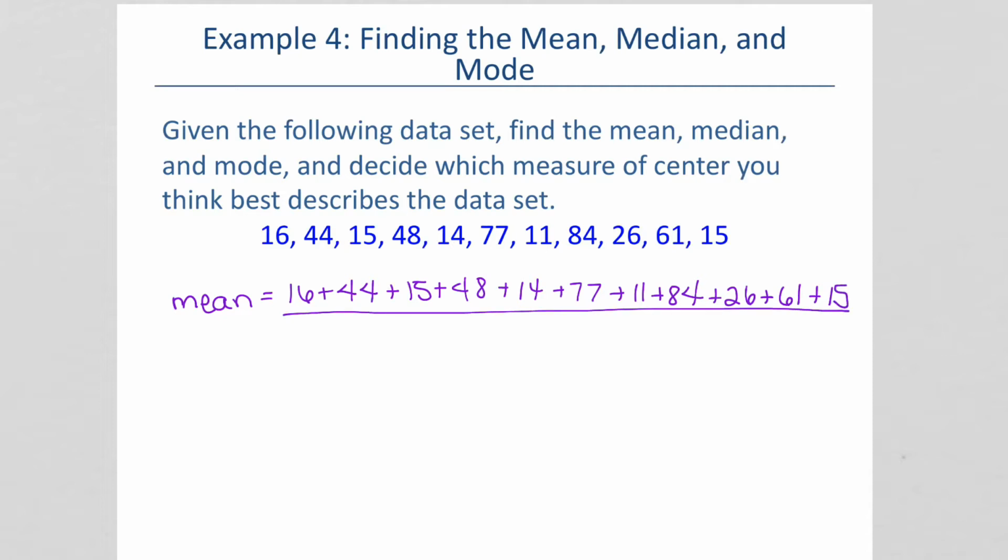And there are 11 of them. So we get 411 divided by 11. So the mean is approximately 37.4. To find the median, we need to list them all in order.